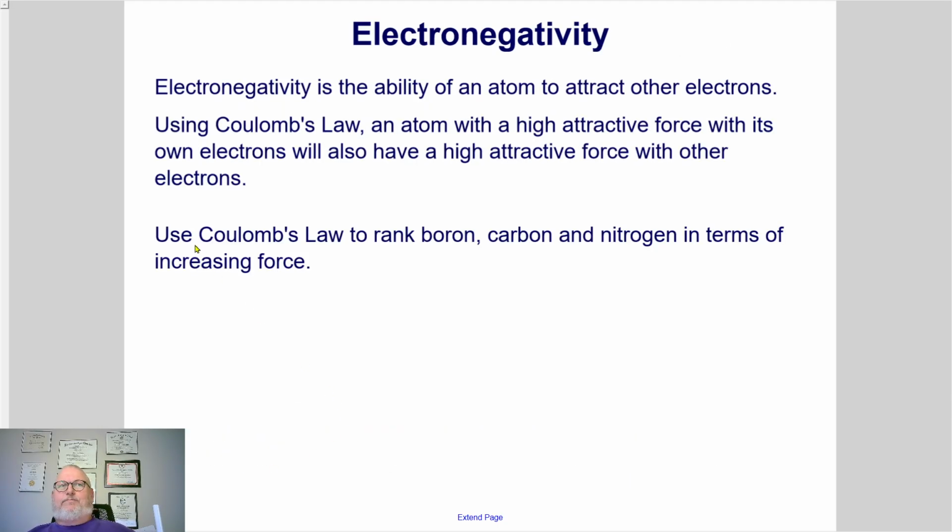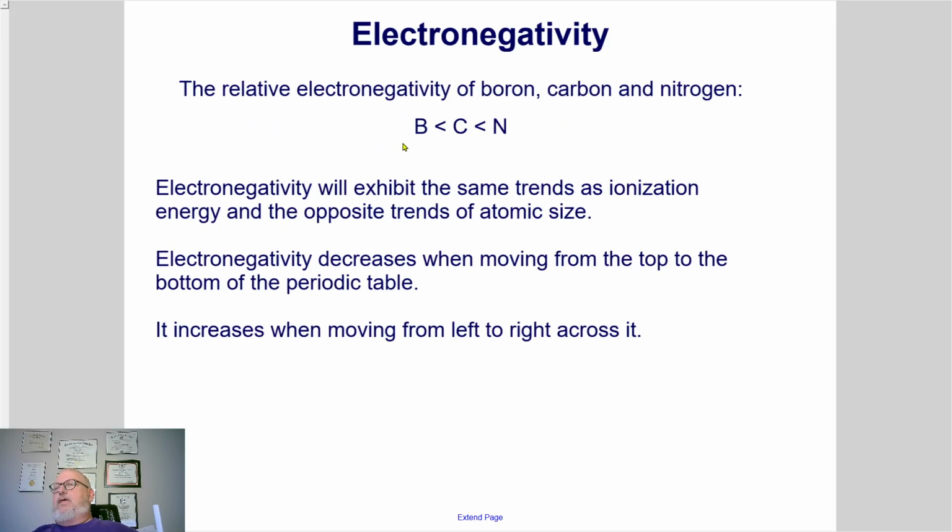We studied that. The next trend is electronegativity, and that is the ability of an atom to steal an electron from another atom. So if we use Coulomb's law, the atom with the higher attractive force will have a higher attraction for other electrons. If you look at boron, carbon, and nitrogen, nitrogen has a higher Zeff, a Zeff of 5 compared to carbon's 4.